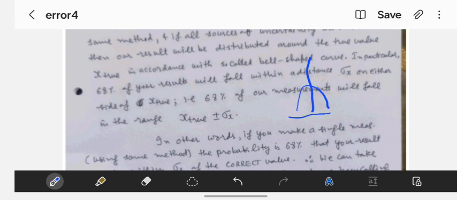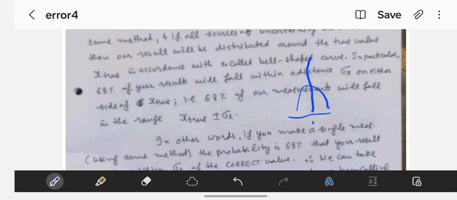So if we calculate the observations, on the x-axis we have the value, and on the y-axis we have the number of particles. The number of particles decreases away from x naught, where the mean is.